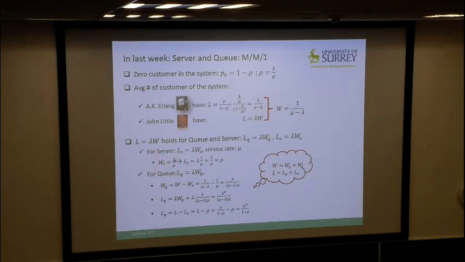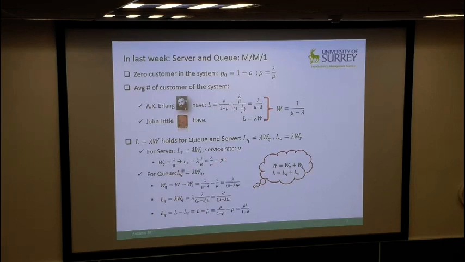And if we know the time, apparently we can calculate LS, that's the average number in the service. If we substitute this relationship into the equation LS equals lambda times WS, where WS is 1 divided by mu, we find that LS equals rho, that's the utilization of the whole system.